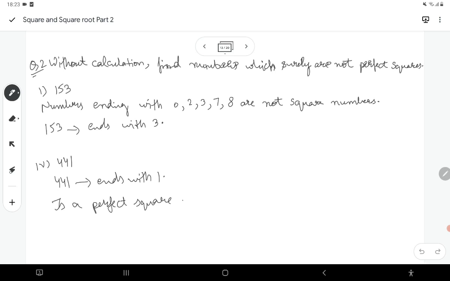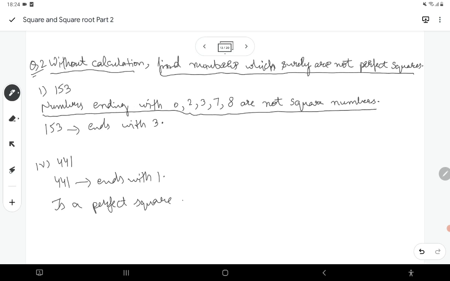Next part says, without calculating, find numbers which surely are not perfect squares. This we have solved previously also, and it's again here. So we know that numbers ending with 2, 3, 7 and 8 are surely not perfect square numbers.